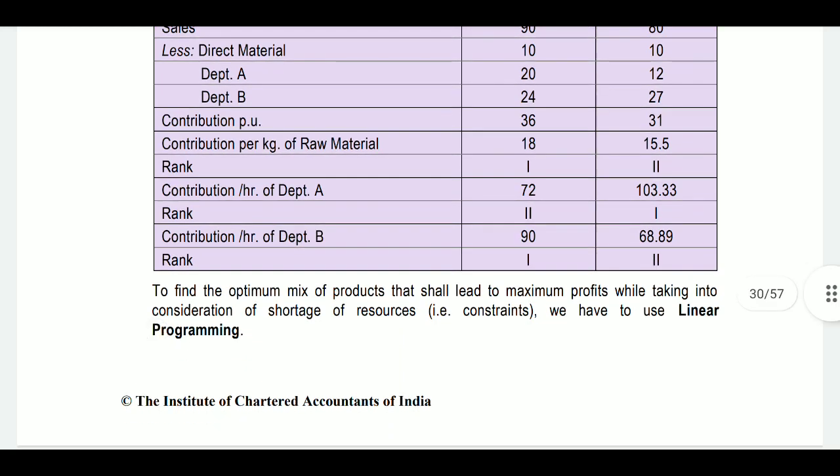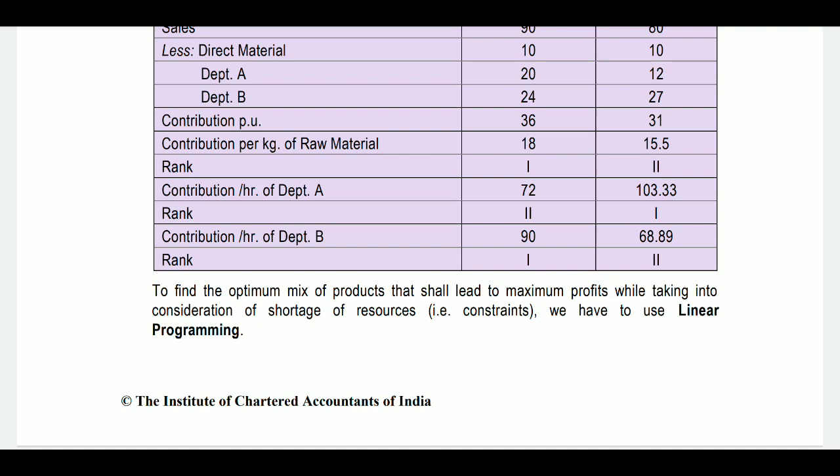So in product mix, when we have only 2 products, then we will go for the linear program. If we have more than 2 products, then we will go for the equation method.